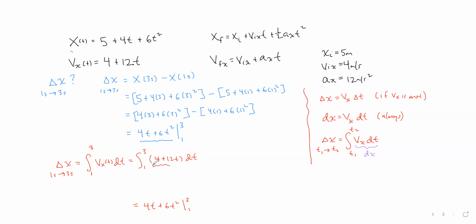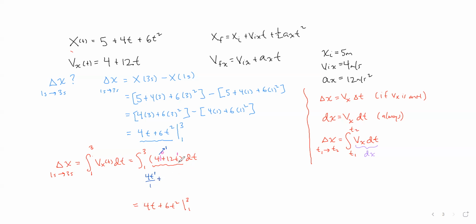So how do I start with this and end up with that? Well, the first thing to note is that this 4 can be thought of as 4t to the 0. And this 12t is like 12t to the first. So this is what we're going to do. 4t to the 0, promote the 0 to a 1, and divide by the new power, 1.